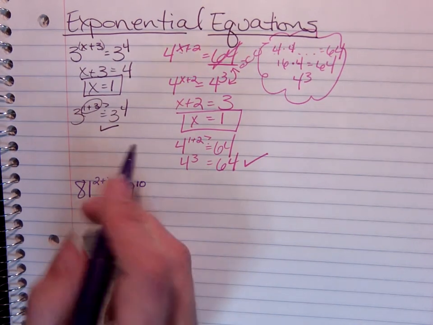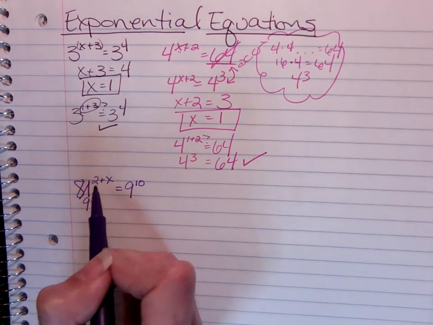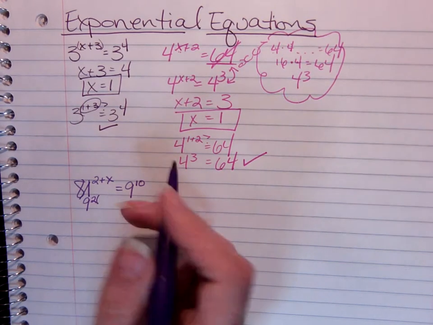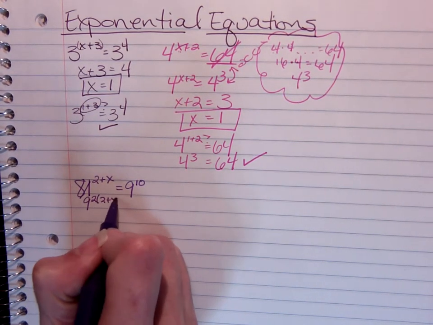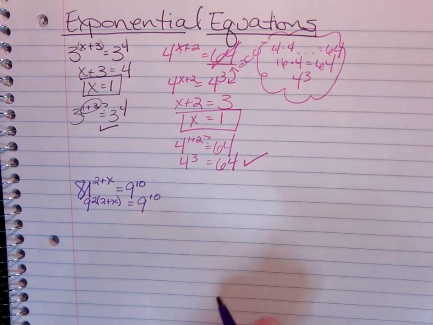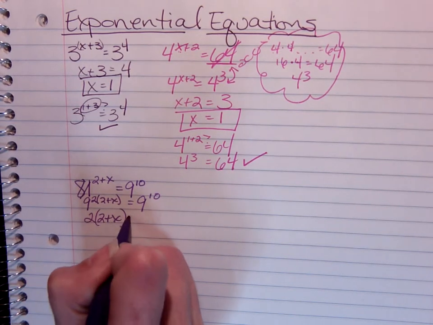In this case, 81 is 9 squared. But there was already an exponent there, so we're going to multiply power to a power. 9 to the 2 times 2 plus x equals 9 to the 10th. We've got the same base, so we can just write 2 times 2 plus x is equal to 10.